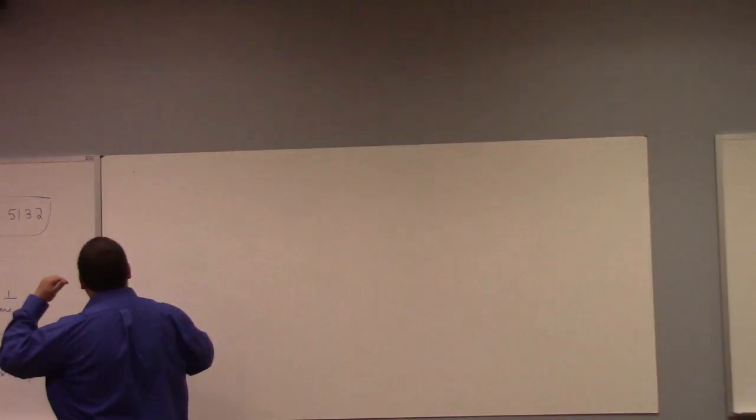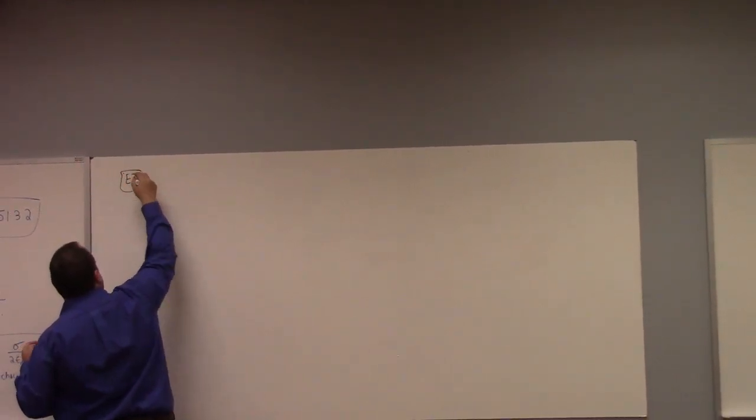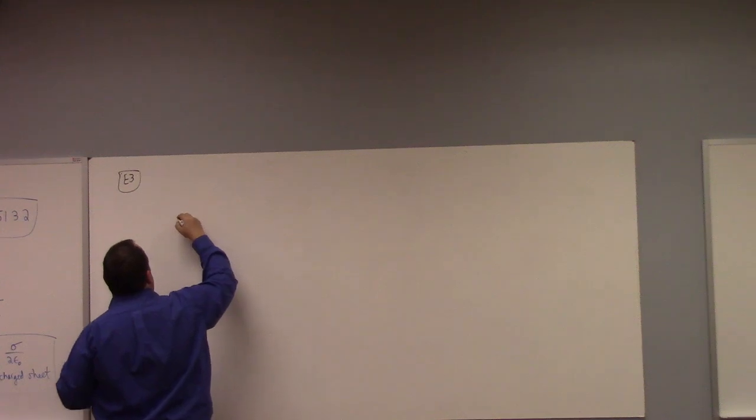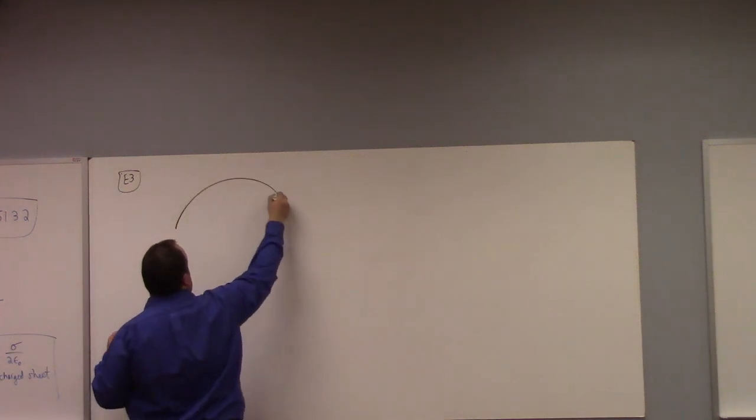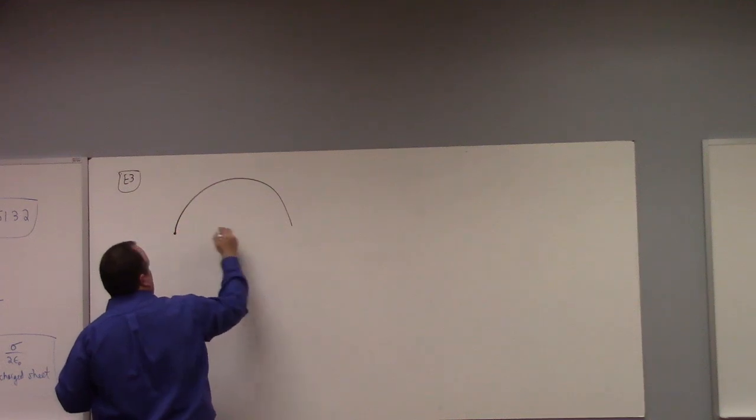All right, where are we? So I hope that's helpful to you guys. Let me try another example. This one I might get stuck on. We'll see what happens. All right, so suppose you've got, I don't think I've done this one yet, a half circle of charge, all right?